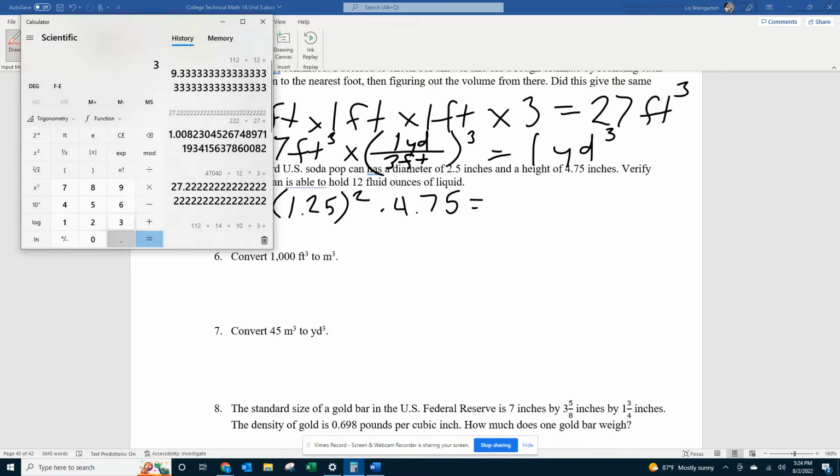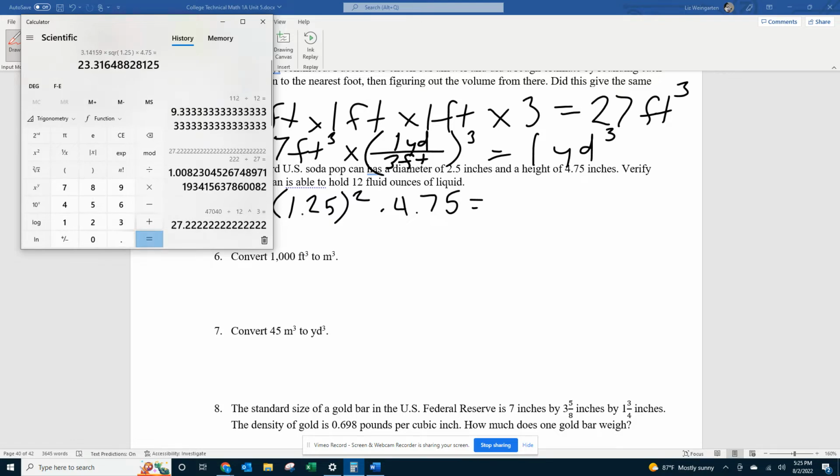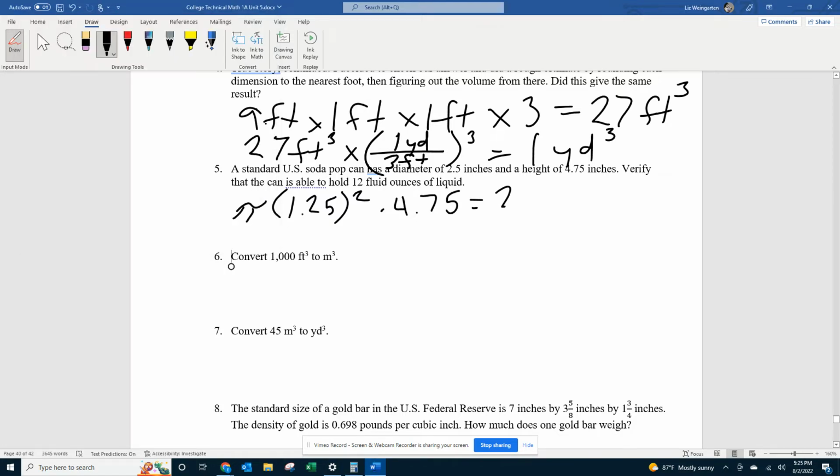So 3.14159 times 1.25 squared times 4.75. So we get 23.316 cubic inches.